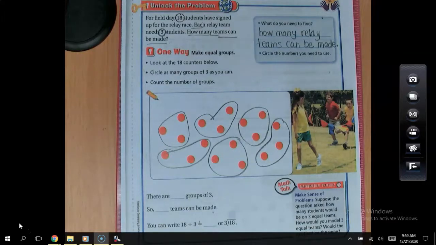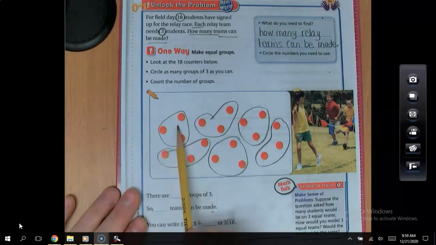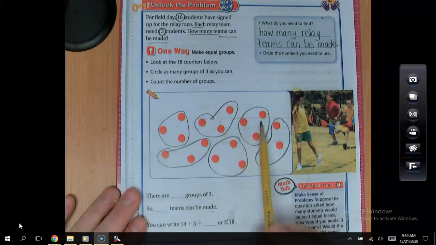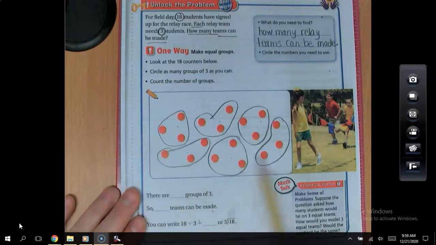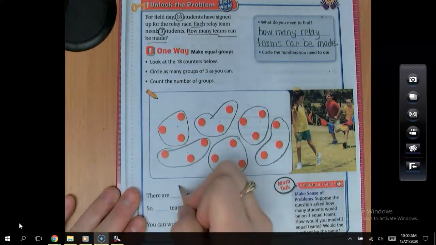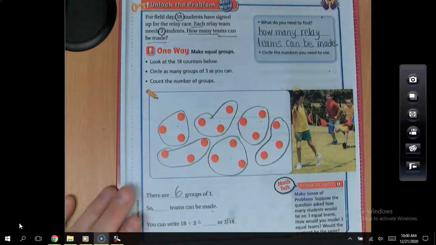Okay, so now all of the counters are in groups of 3. How many groups of 3 do we have? Well, let's count. I have 1, 2, 3, 4, 5, 6. I have 6 groups of 3.